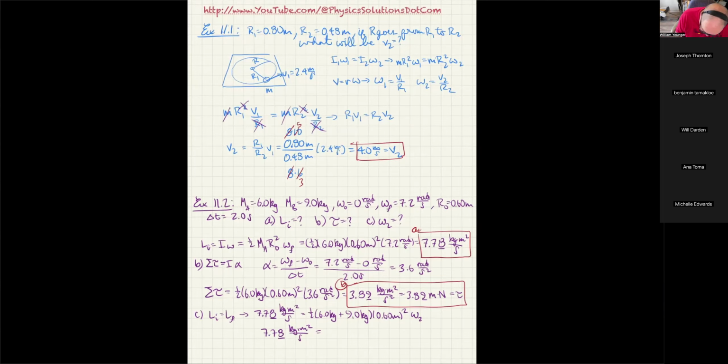That gives me 2.70 kilograms meters squared times omega 2, and that tells us that omega 2 is 7.78 divided by 2.7, which gives me 2.88. If you look at the units now, all that's left is radians per second, and that's part C.